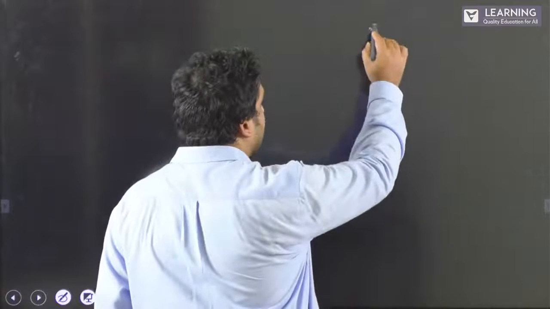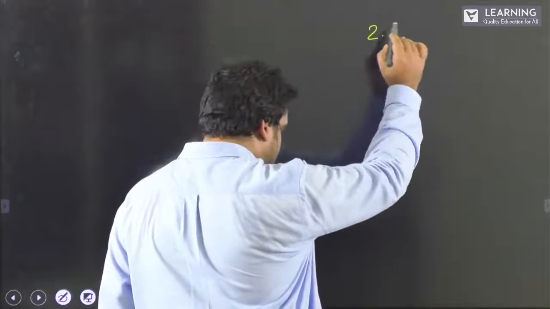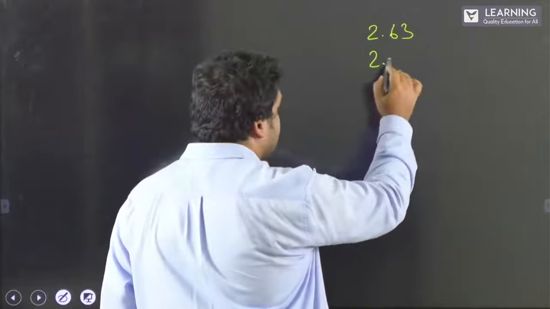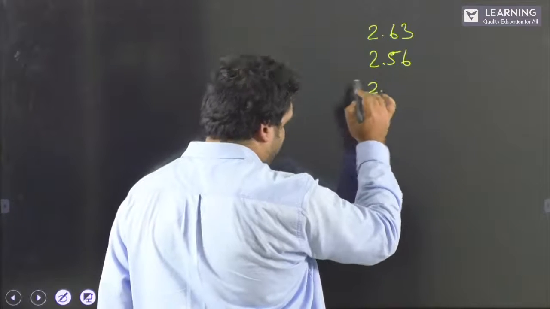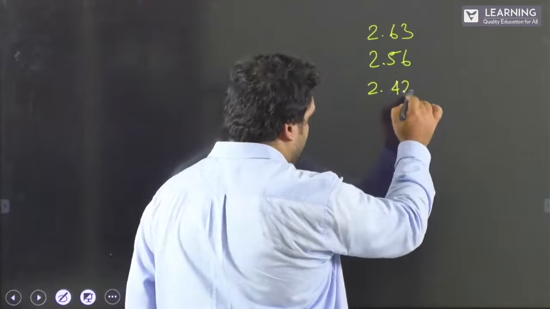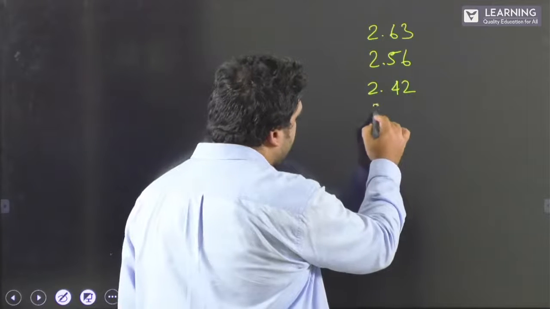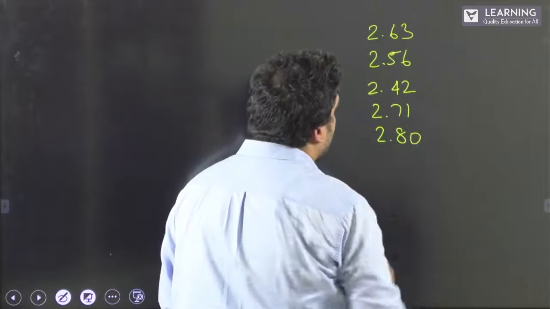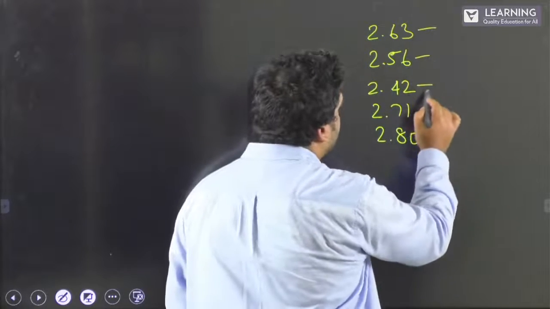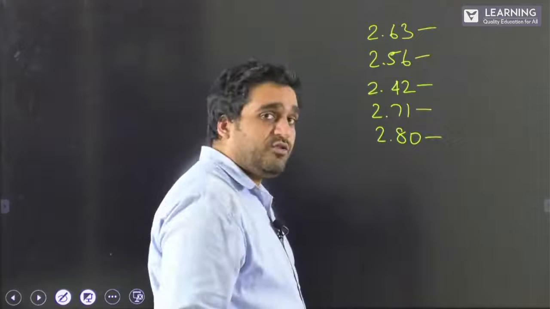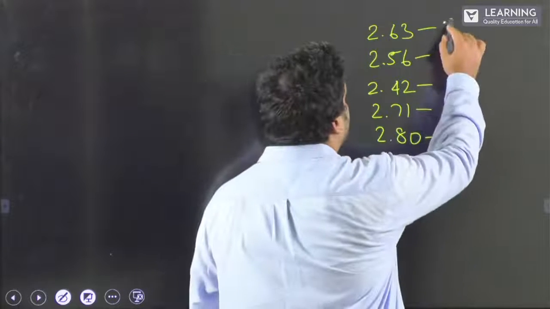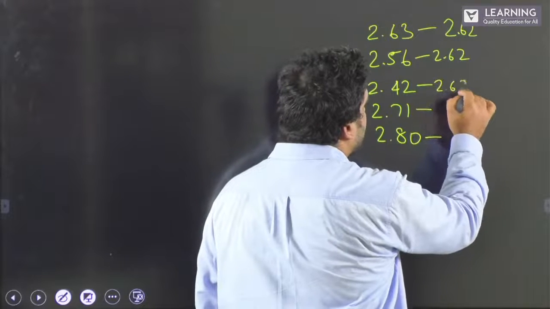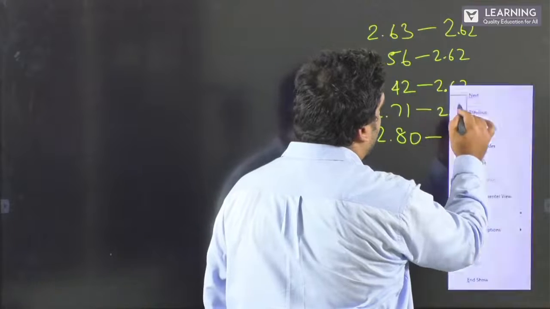The various measurements that we make are 2.63, 2.56, 2.42, 2.71, and 2.80. From all of these, you subtract the true value, which is 2.62.